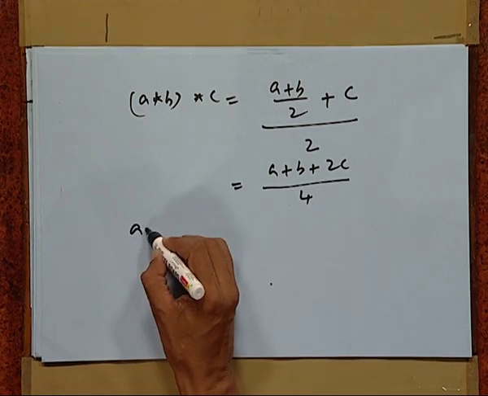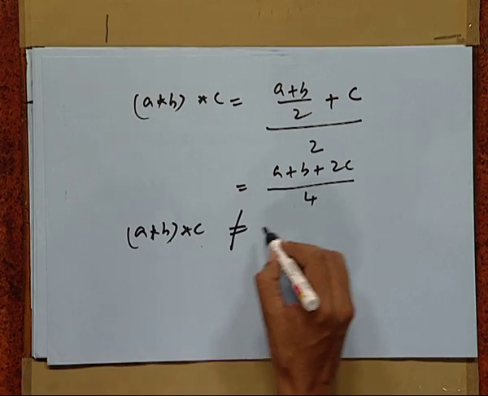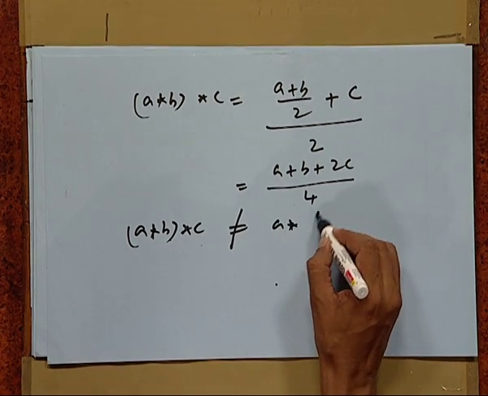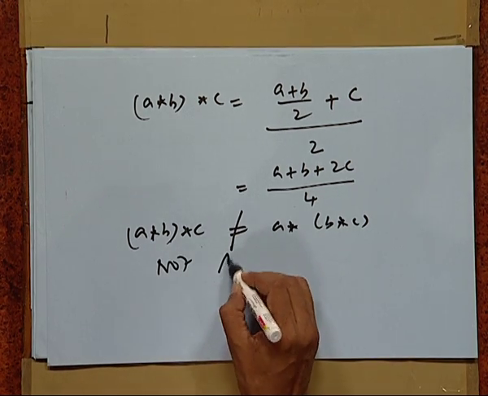Thus, we see that (A star B) star C is not equal to A star (B star C). So, it is not associative.